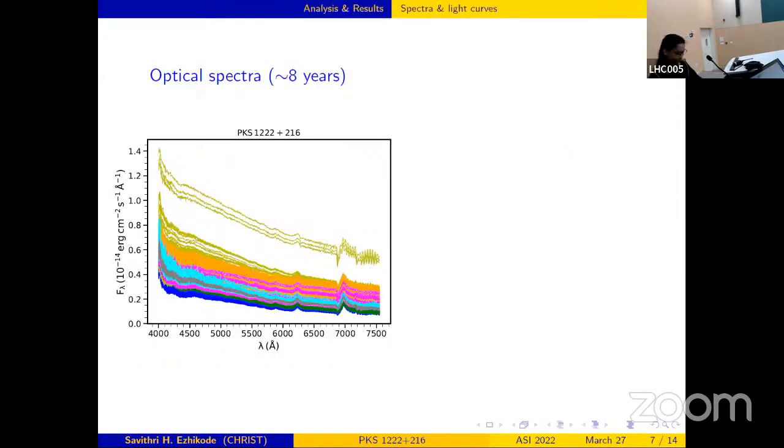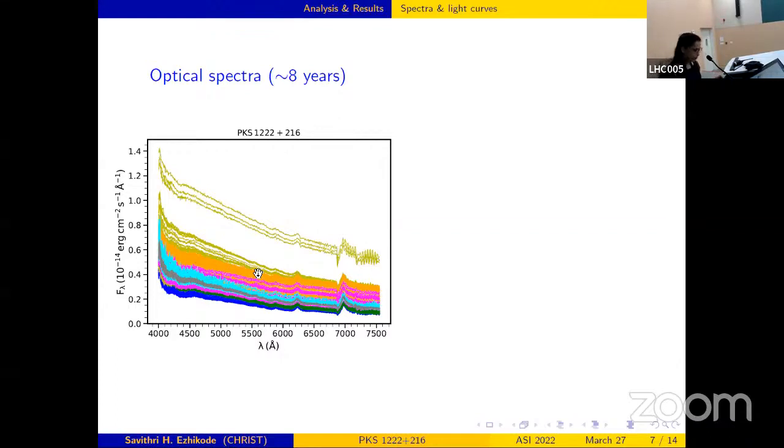And as I said, we are more interested in the optical broad emission lines from this object. So we collected publicly available data from Steward Observatory, and these are the different spectra observed with Steward Observatory from 2010 to 2018, roughly spanning 8 years. There are more than 300 optical spectra available for the source.